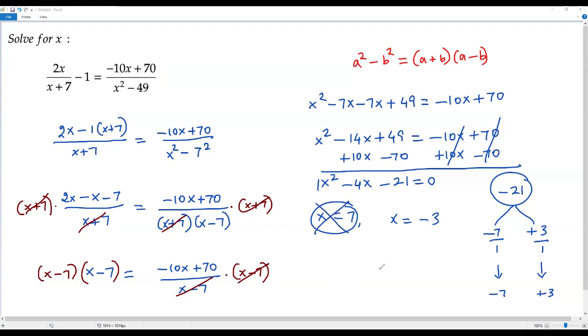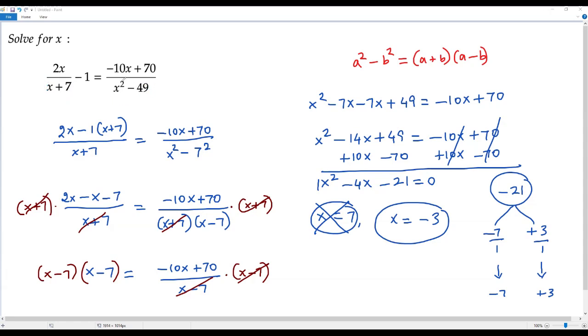Now let's verify the second solution, x equals negative 3. We plug x equals negative 3 into the denominators. In the first denominator, x plus 7, I get negative 3 plus 7, which simplifies to positive 4. It does not become 0. Now let me check this denominator.